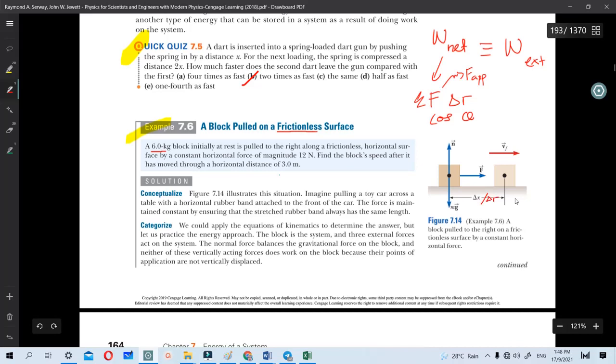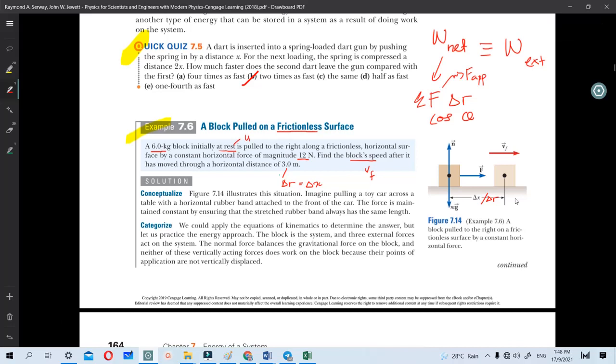The question says that the force is constant, with a magnitude of 12 Newton. They want you to determine the block's speed, the final v, after it has moved through a horizontal distance of 3 meters. So this is our delta r or delta x. And it starts from rest, so this is the initial.